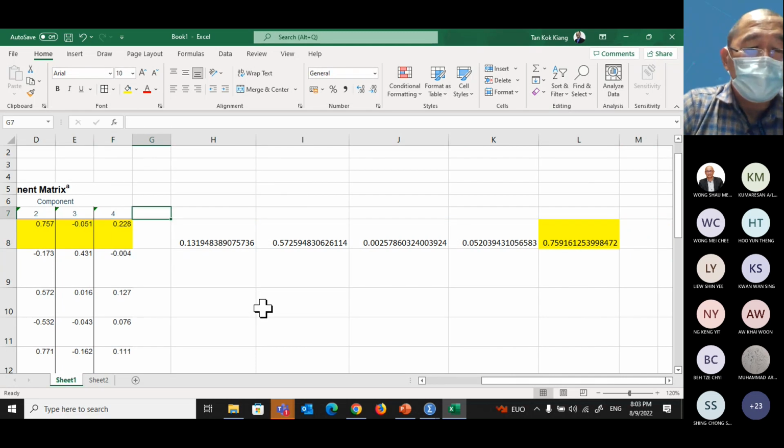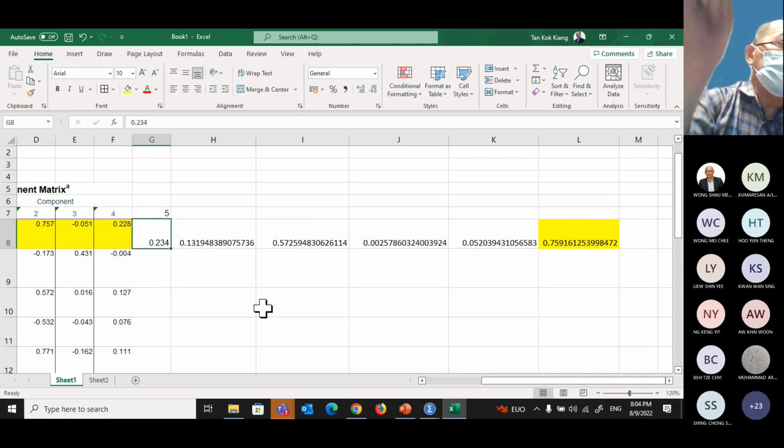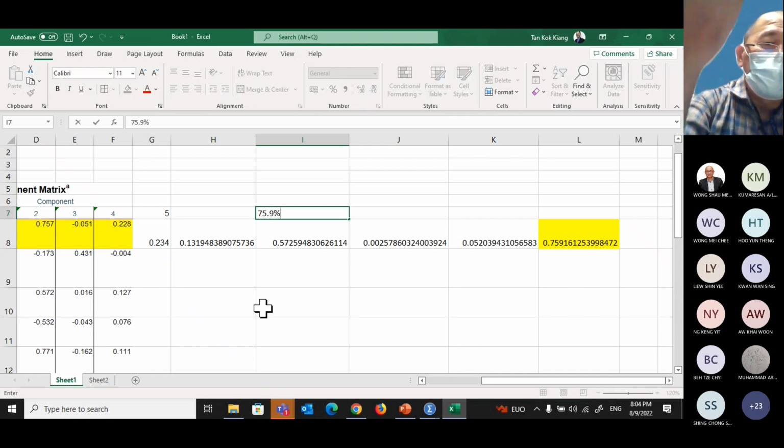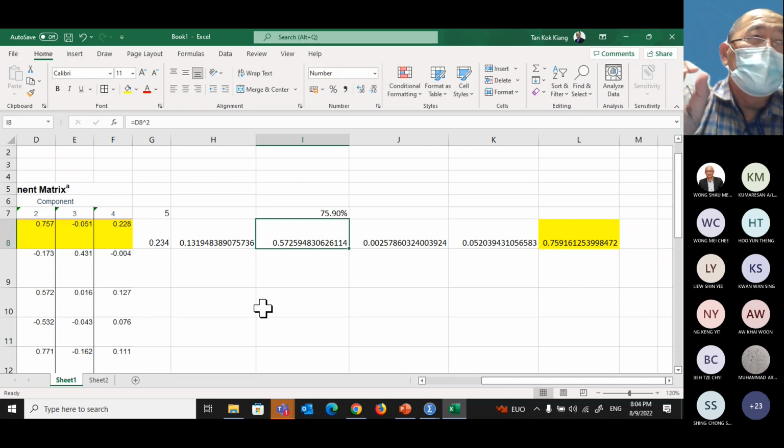Let's say you include one more, therefore maybe they have another few values, and the percentage will increase. But here 0.759 means about 75.9%. They contribute 75.9% of the variation of this variable to the four factors.